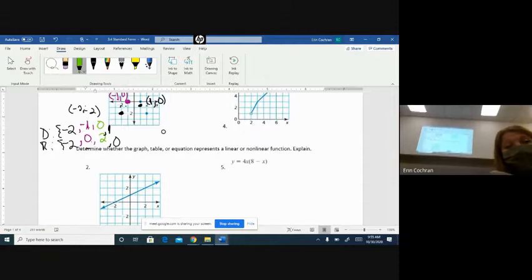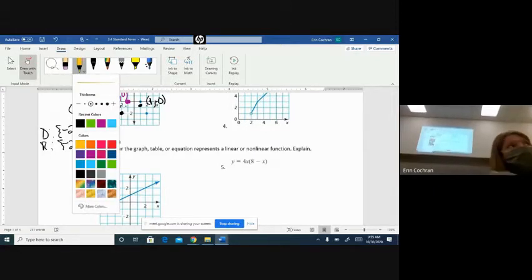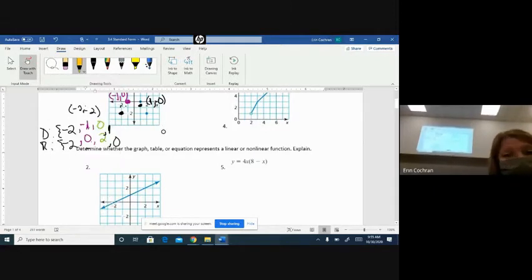We'll just keep going. And then what about my last point? Braden, what is this last one, the farthest one to the right? We're still on number 1, this yellow point right here. 2, -2. Good.